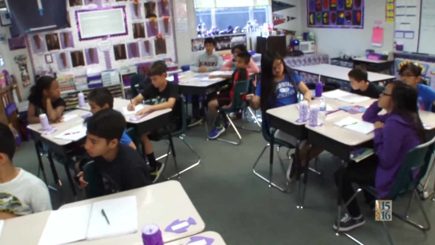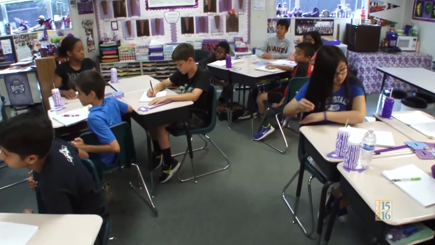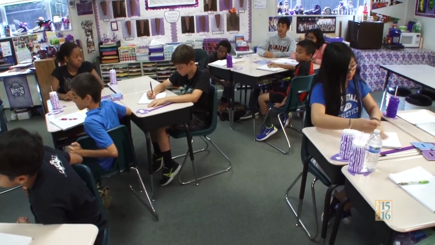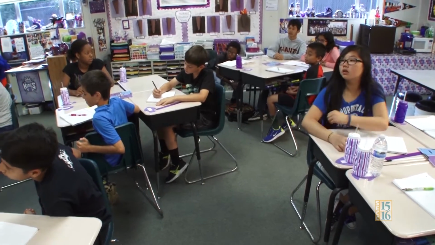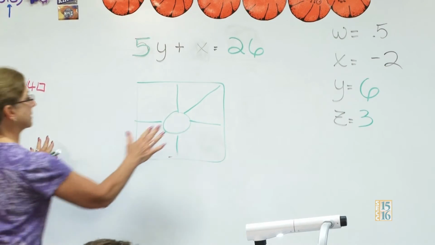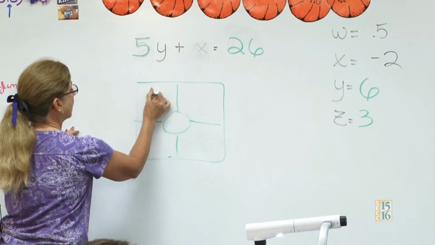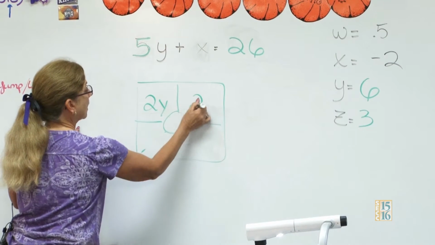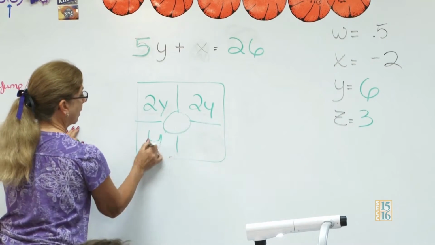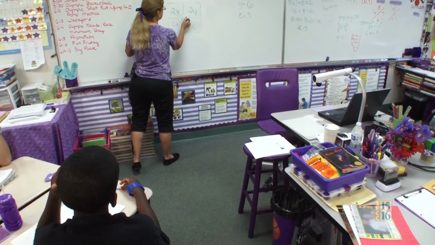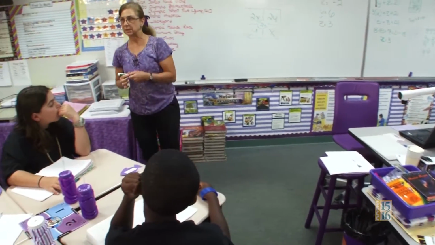You could also simplify it by putting like 2y in 2 of them and then y in 1. Could I do that? Could I do a 2y, a 2y, a y, and an x as 26?